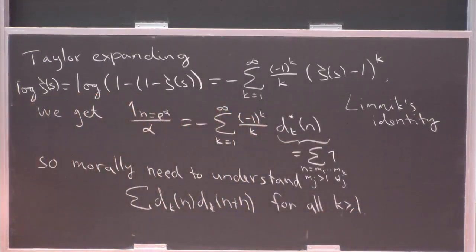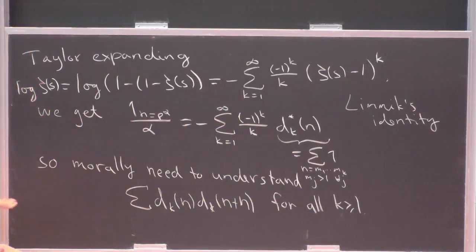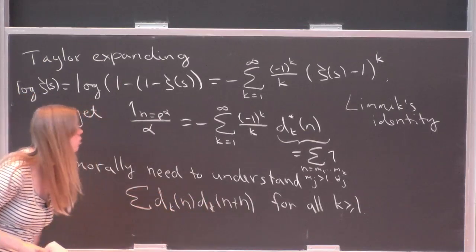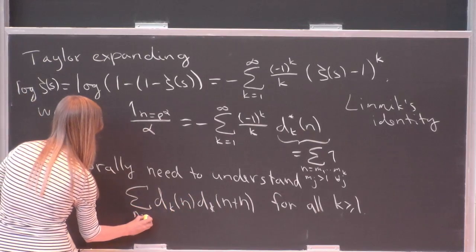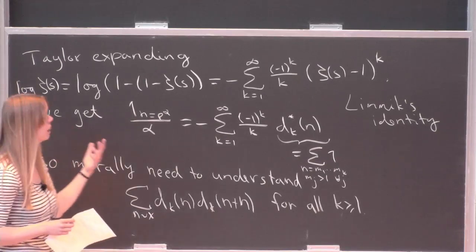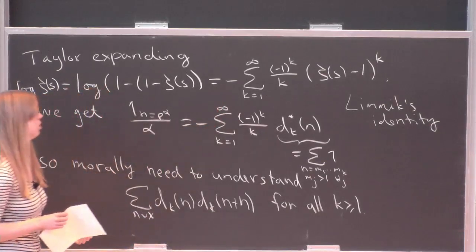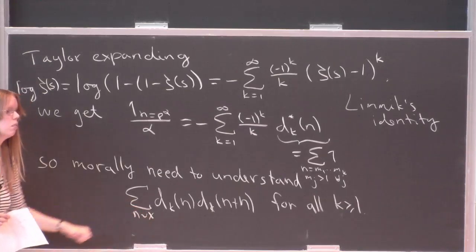So in order to understand the correlation of the von Mangoldt function, it would be enough to understand the correlations of the divisor functions for all k. And in particular, in the method of proof for Theorem 1, the first step is to use the Heath-Brown identity, which is sort of a variant of Ramaré's identity, which is more convenient for us. But anyway, to reduce matters into understanding things like this.